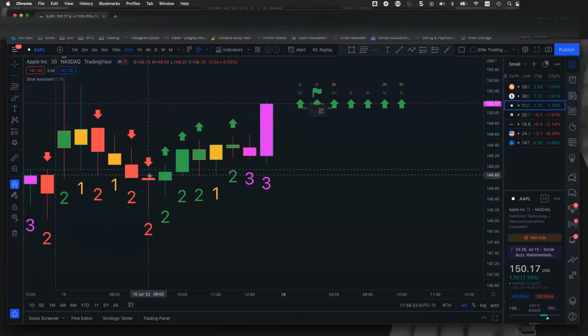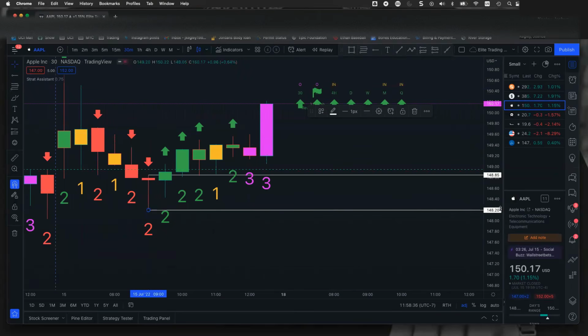So our entry would be the break of the previous candle, which was 148.85. Our stop loss is going to be the bottom of the candle, which is 148.20. Okay, so we're 65-cent stop loss, right? Our take profit levels, we technically have 3, 4, 5 of them, but I'll scale the first take profit right here.